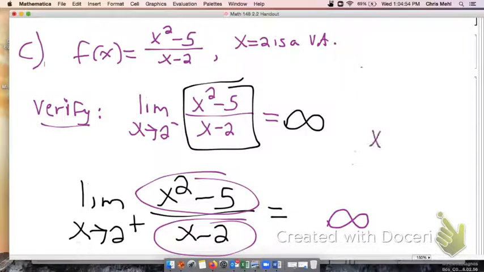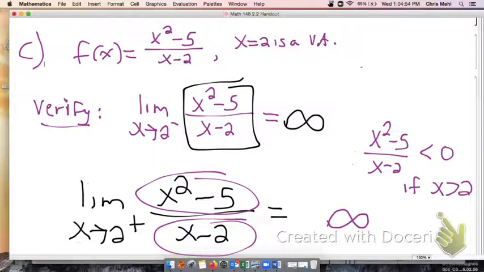Well, I want you to notice that x squared minus 5 over x minus 2 is actually negative if x is greater than 2. So if I approach 2 from the right, how do I know that this expression is negative if x is greater than 2?